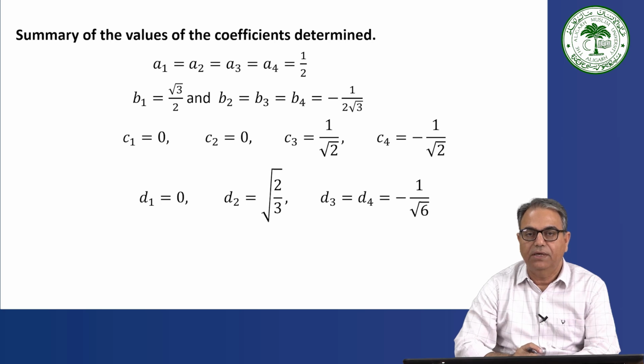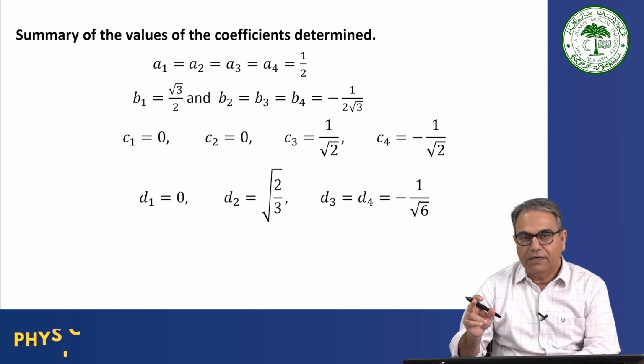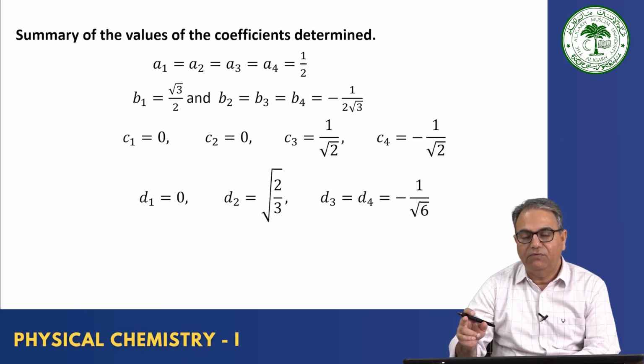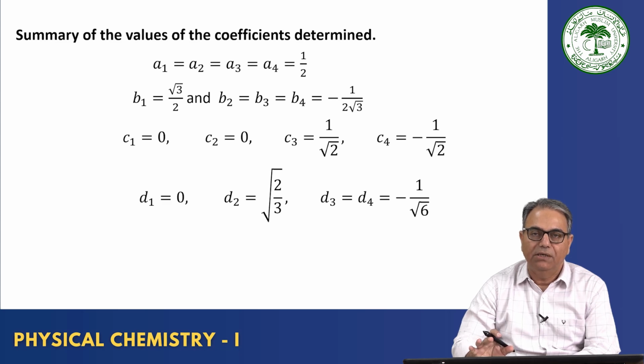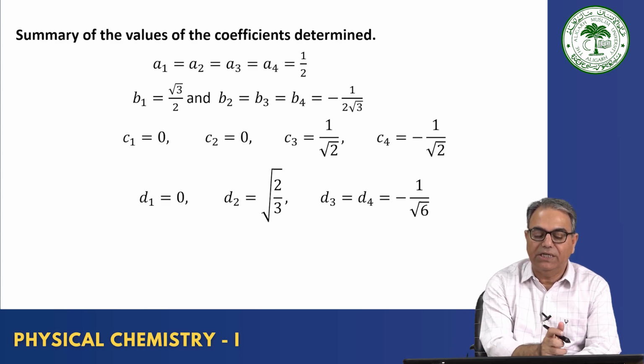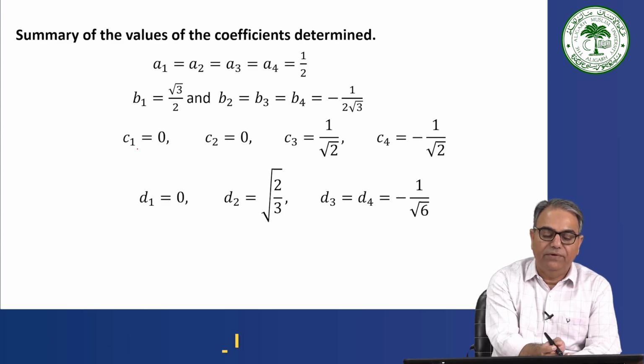Okay. But the condition there was that all p orbitals contribute equally to the hybrid lobes. If you omit that condition of equal contribution, then in this case, if you have put c1 equal to 0, what does it mean? Where do you have c1?